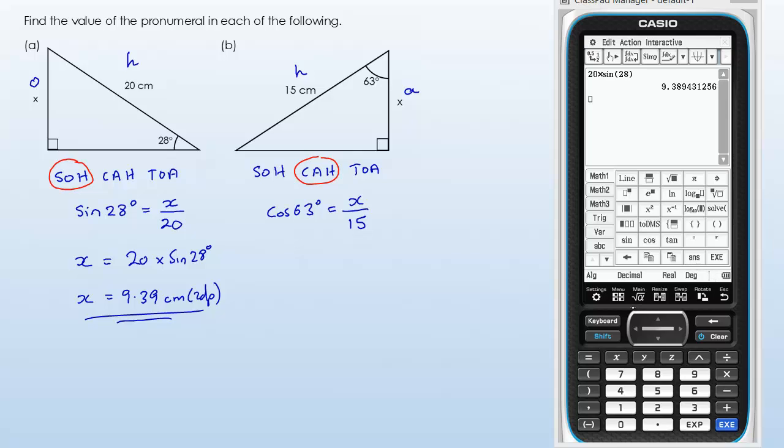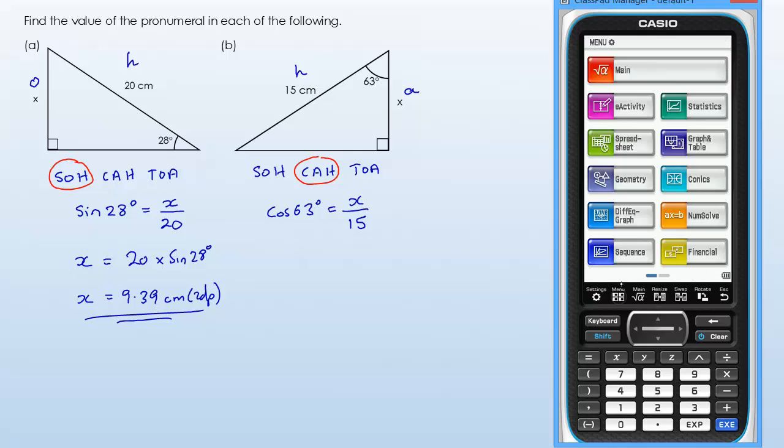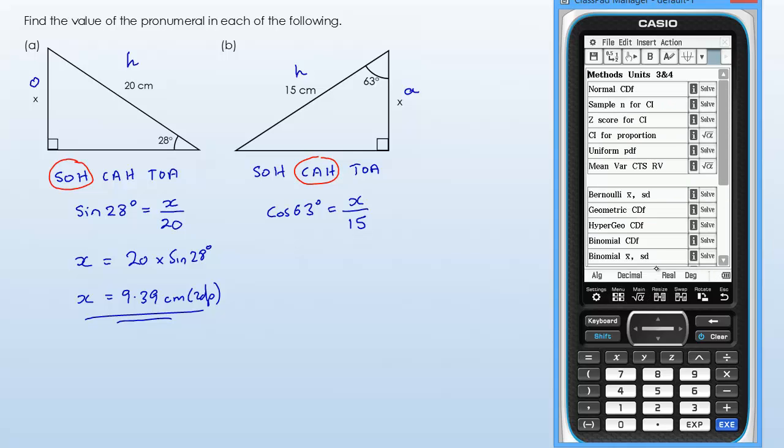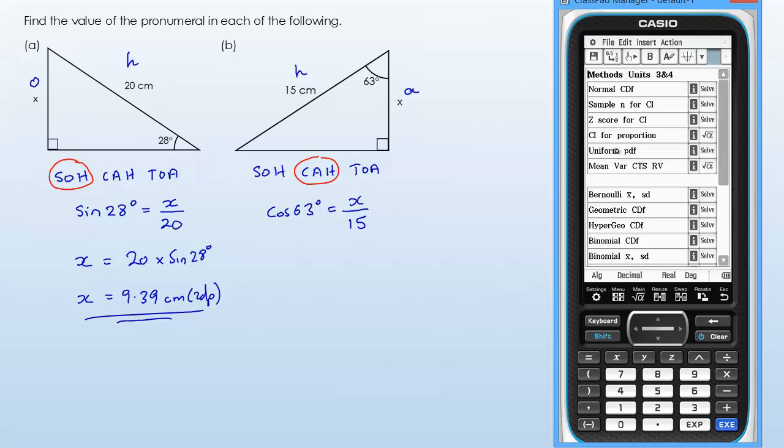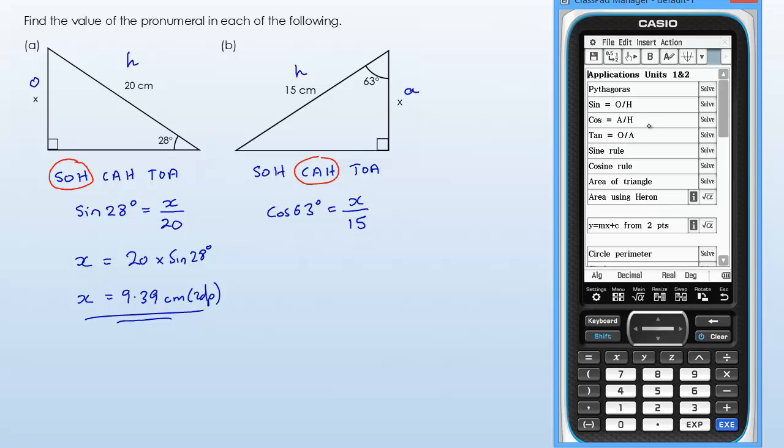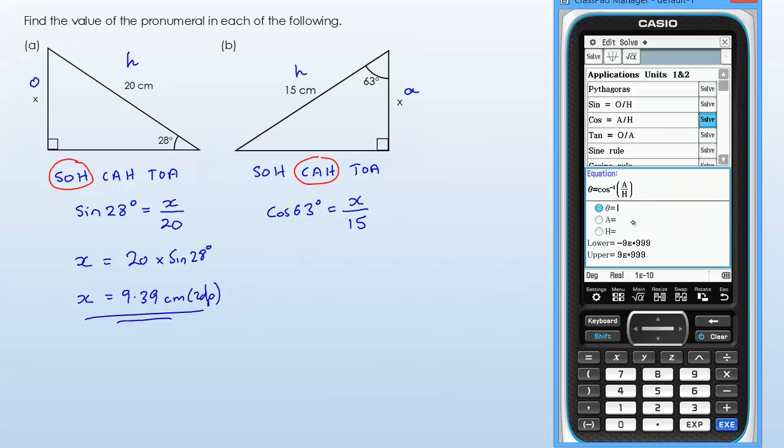Now this time I'm going to use an e-activity instead. So let's go Menu, e-activity, and at the moment I've got methods open, so I need to open my apps 1 and 2. And here we go. So we're using the cosine. Cos is equal to a over h, so that's going to be the 1. And the angle is 63.